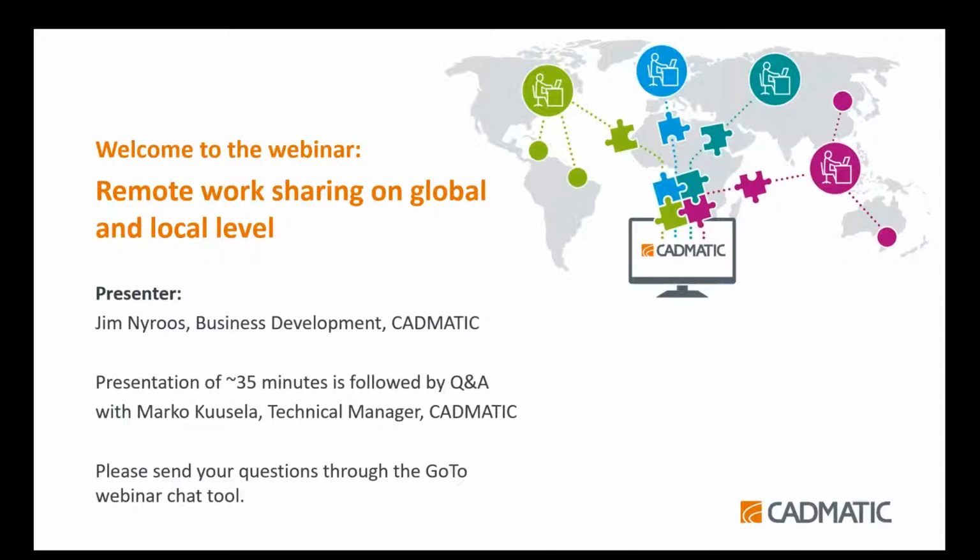Welcome to this webinar where we will show how to organize and take care of distributed projects and how to share information between the project parties, and introduce you to the way Catmatic is providing a robust platform for this purpose.